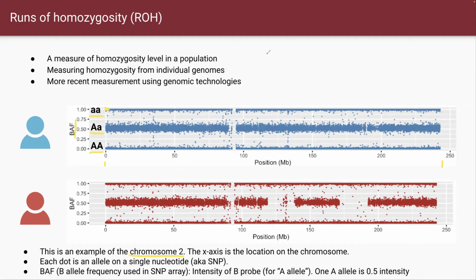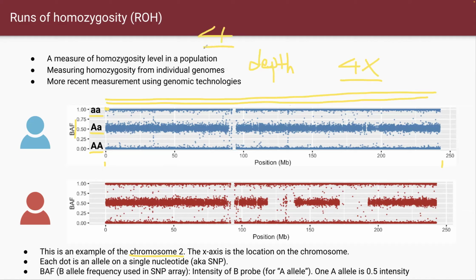So how can we measure that? You remember that we talked about depth last time, right? When you do genome sequencing, you can have 4x, which means you read the DNA 4 times. You read the DNA 1 time, 2 times, 4 times, and we say it's 4x, right? If you read 4 times at this position, then you count how many times you see the small a allele at the position.